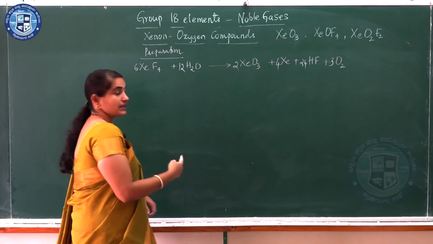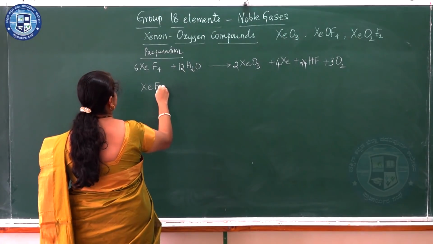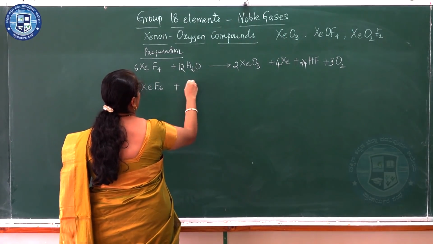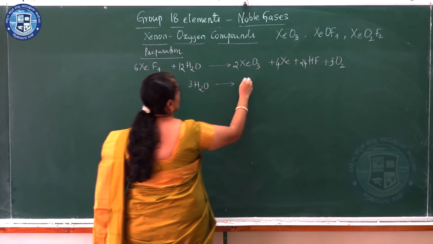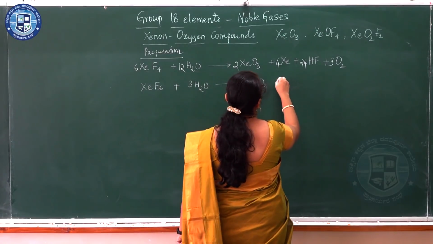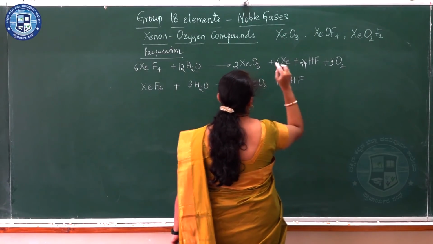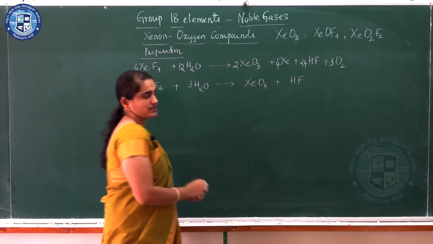Next, the important one is hydrolysis of XeF6. This will undergo hydrolysis by taking 3 molecules of water and end up with XeO3 plus HF. In this equation Xe does not come and O2 does not come. This equation is simple.